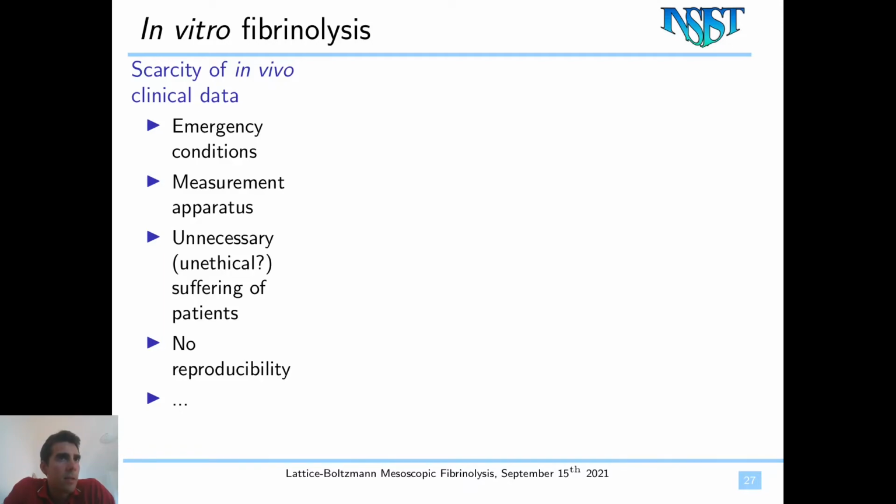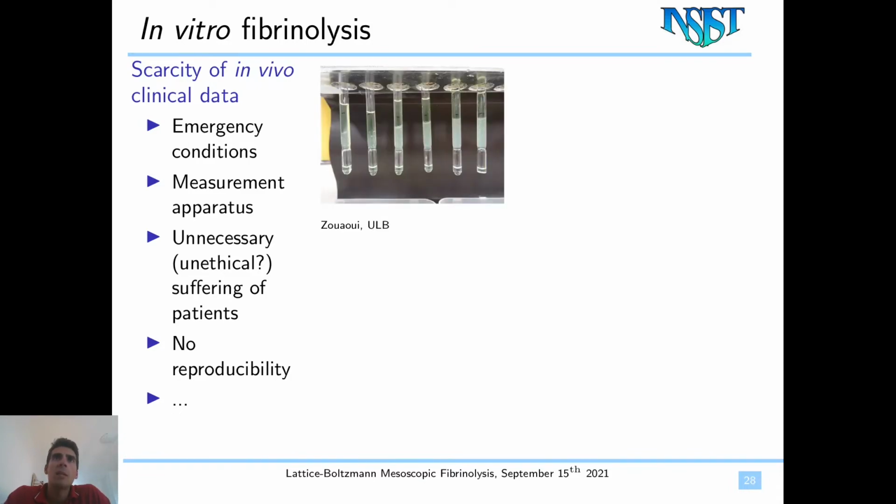And since these ischemic stroke events are generated naturally within the patient, it's impossible to replicate the same event and to try to predict it. There are other points that prevent us to get clinical data that is relevant for modeling, but I think these points are already sufficient to understand. So that is why we went to controlled in vitro fibrinolysis experiments.